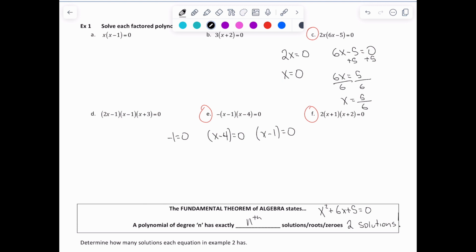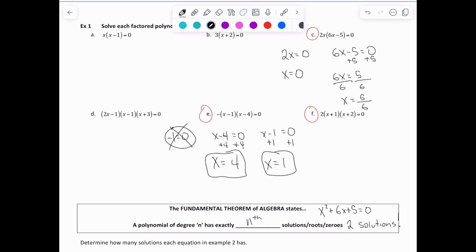Now you just solve these like you would any one-step equation. Does -1 equal 0? No, so I don't care about that solution. It doesn't have any effect on my zeros. Then I solve these, and here I have my zeros.